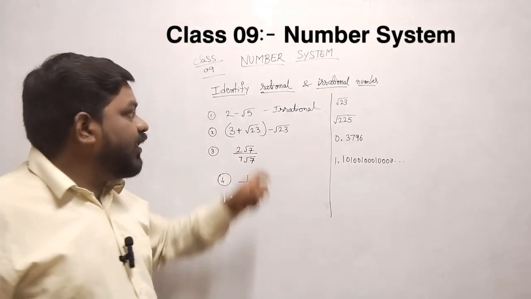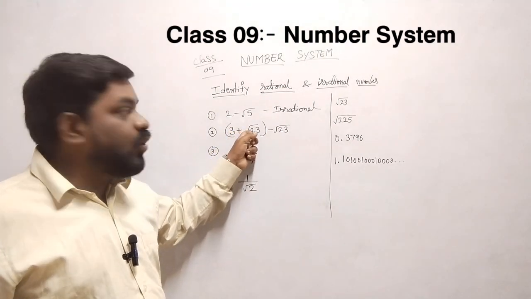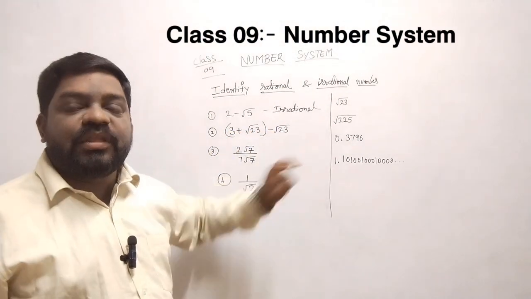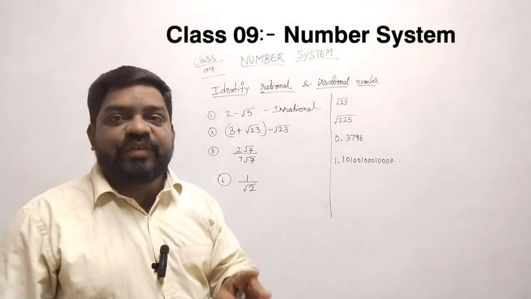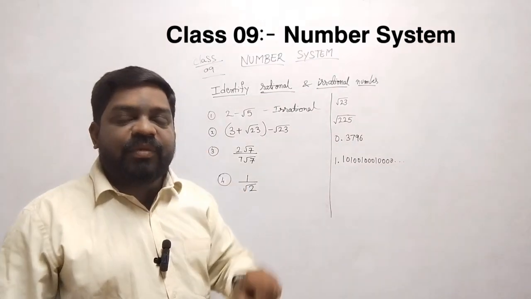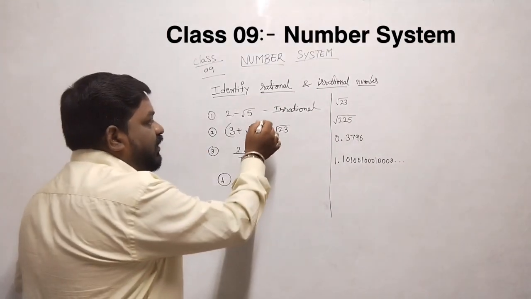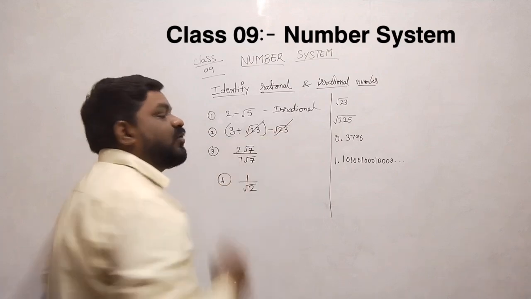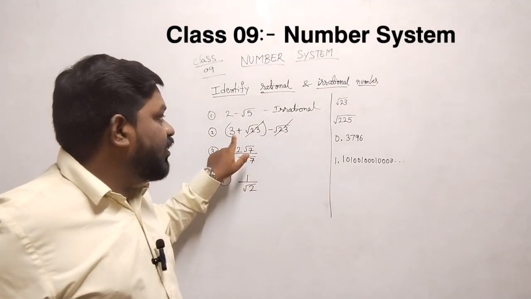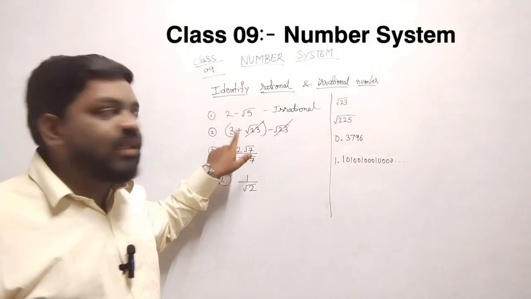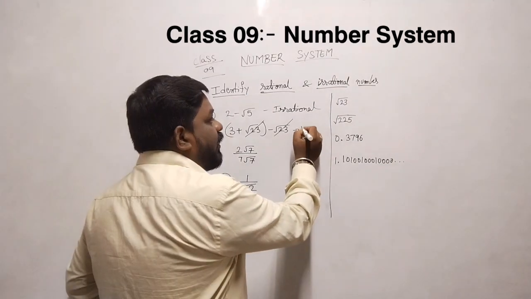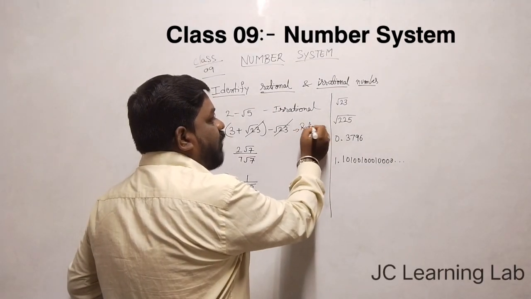In the second one we have 3 plus root 3 minus root 3. Plus and minus are two different signs, so at that time the numbers get cancelled. Plus root 3 minus root 3 get cancelled. The number left out is 3. So 3 is a rational number.